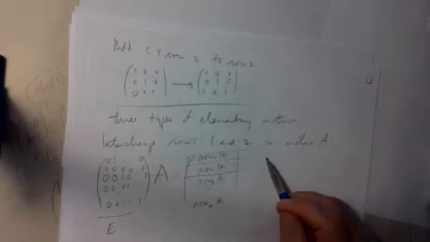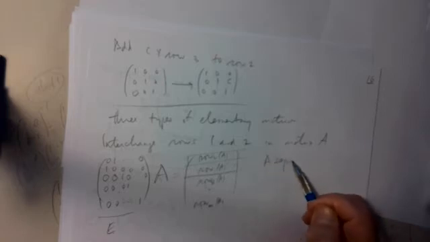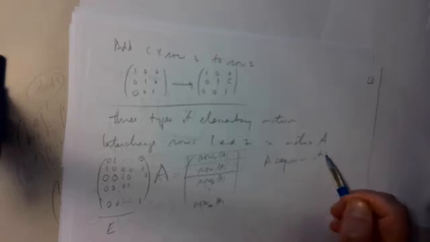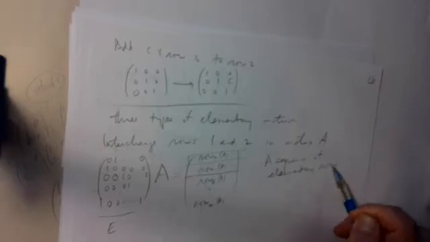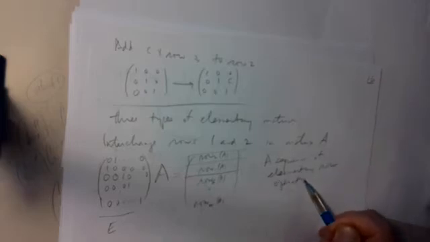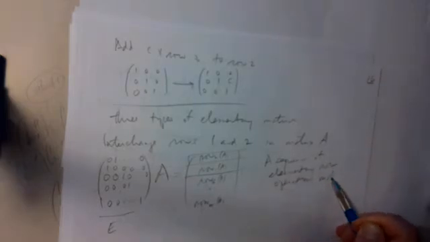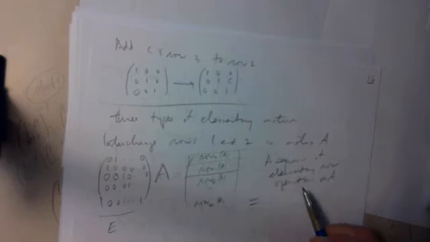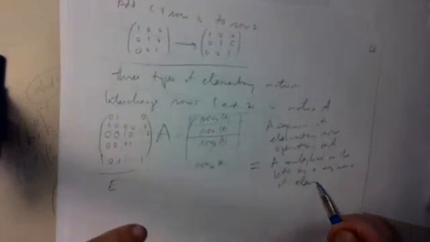So we have the following fact: a sequence of elementary row operations on a matrix A is exactly the same thing as A multiplied on the left by a sequence of elementary matrices.